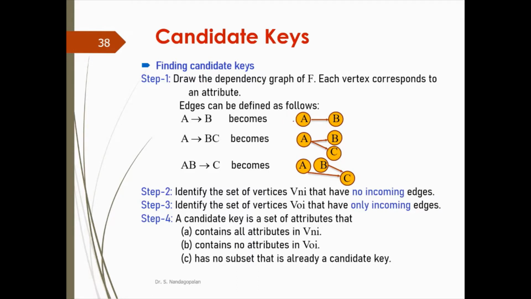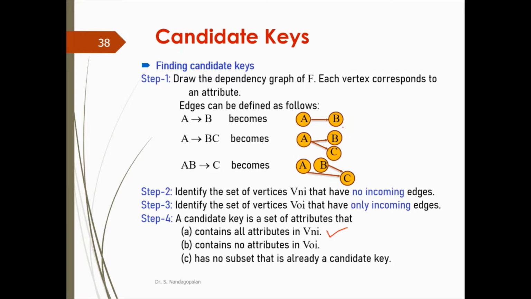So when I have a vertex on the left only, that means no incoming, only outgoing, which means that it is part of the candidate key, as I've already mentioned. Now, once we have this, then step 4, we can easily say that candidate key is a set of attributes, all attributes in VNI, because they appear on the left hand side.